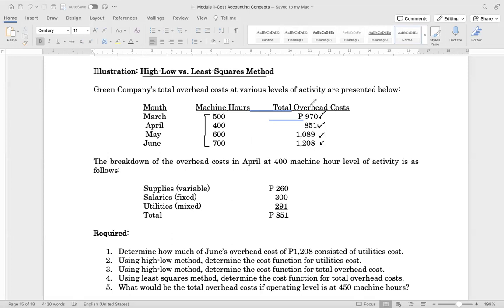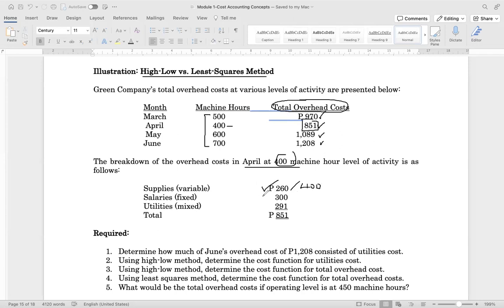As we all know, with regard to the overhead, there is a variable, fixed, or mixed portion. The breakdown of overhead costs at April, 400 machine hours, is as follows. We have here 260 of the 851 that is variable. So 260, divide this by 400 to get the so-called variable cost per unit.